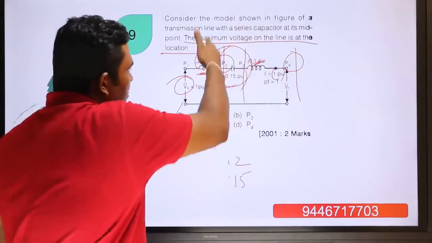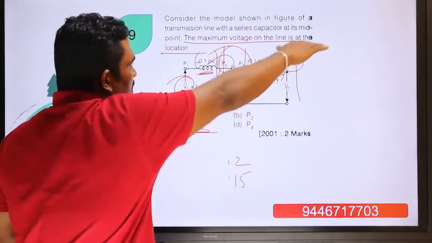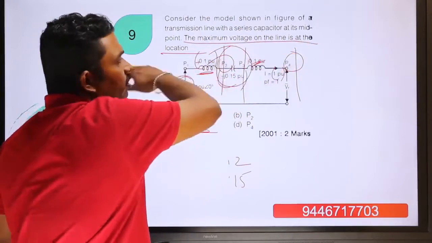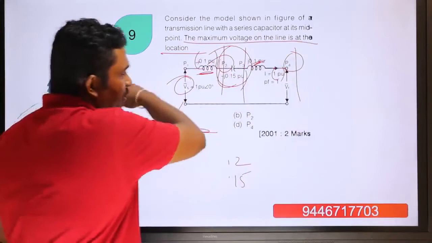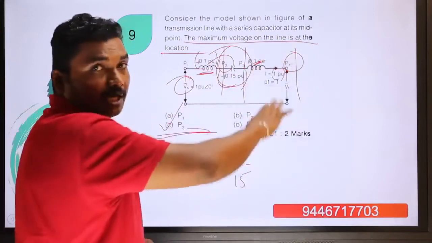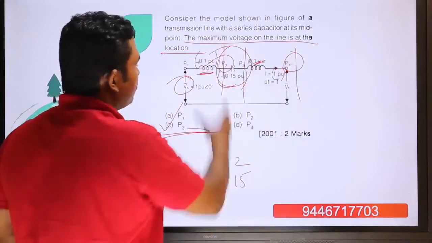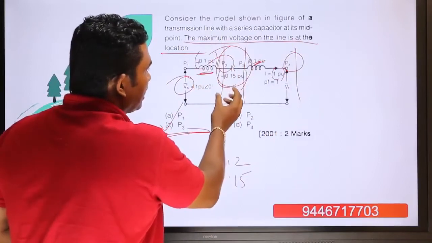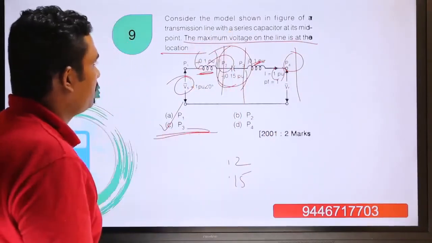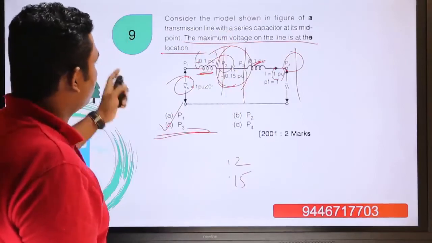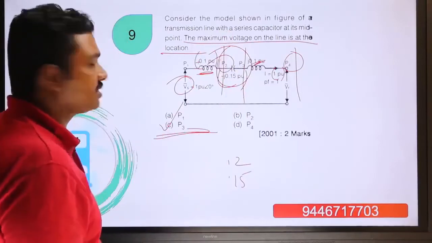But when you are going for a shunt compensation, the voltage profile will be uniformly obtained along the entire length of the line. But for a series compensation, only a regional, a zonal increase of voltage will be obtained. So for question number 9, our answer is option C.